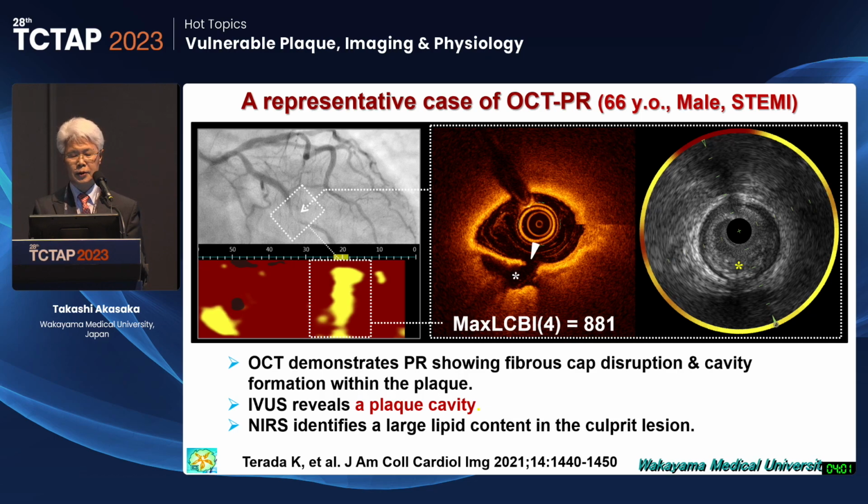This is a representative case of OCT plaque rupture. You can clearly identify the plaque rupture by OCT, and IVUS also revealed the plaque cavity. Based on the resolution it might be more difficult compared with OCT, but you can identify it. And NIRS identified large lipid content in the culprit lesion, demonstrating max LCBI of more than 800.